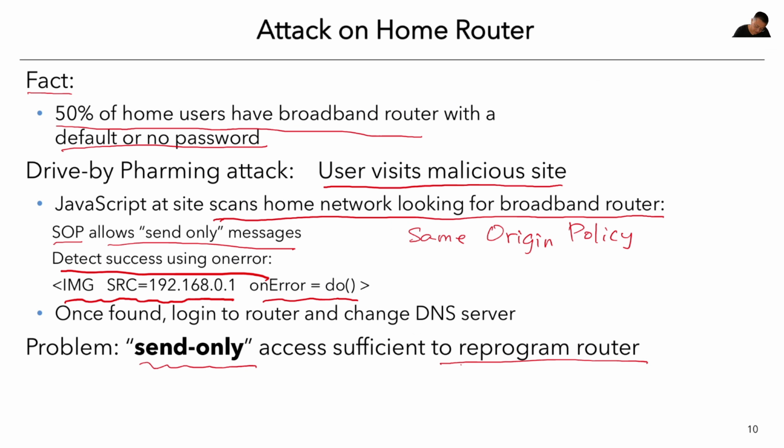Think about this. If you have a router on 192.168.0.1 or 192.168.1.1, but here we only test 0.1, this request will try to load an image from this location. If the router is there and it is vulnerable, it will return an error immediately.